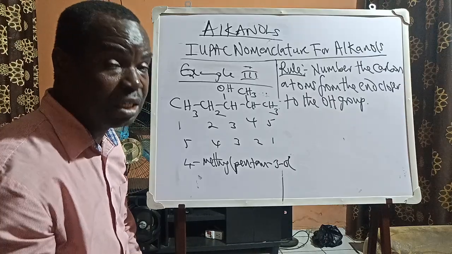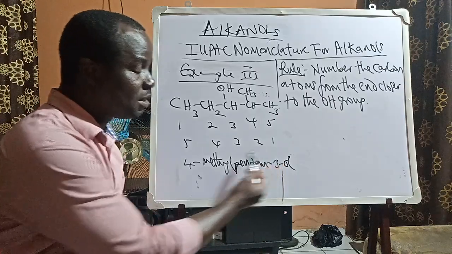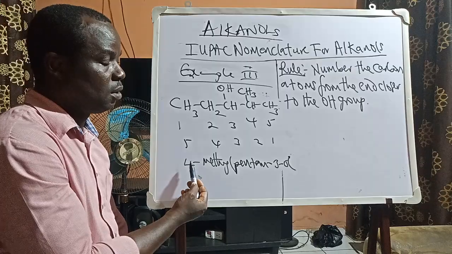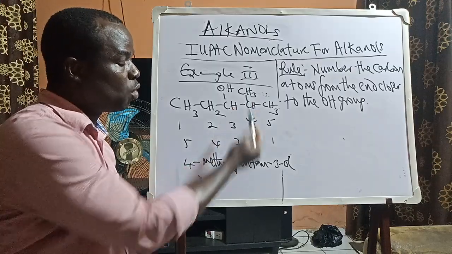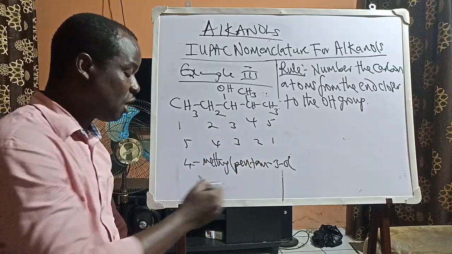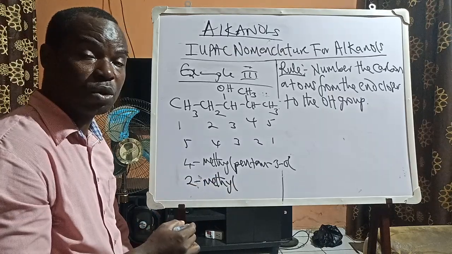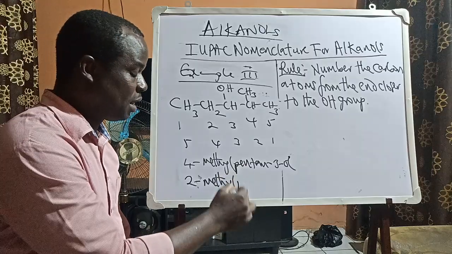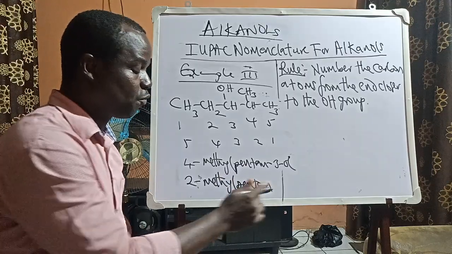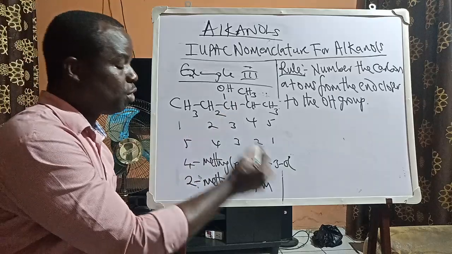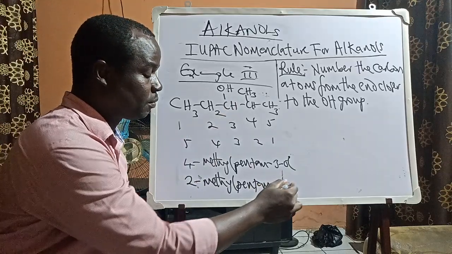Are we together? But if you want to number it from this side, the CH3 will belong to carbon number 2. It will be 2-methyl. Okay? Pentan, of course, it is still 5. The ol will also belong to carbon number 3.